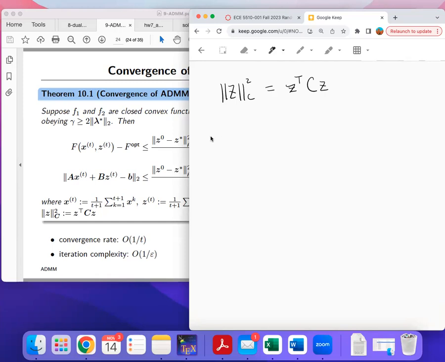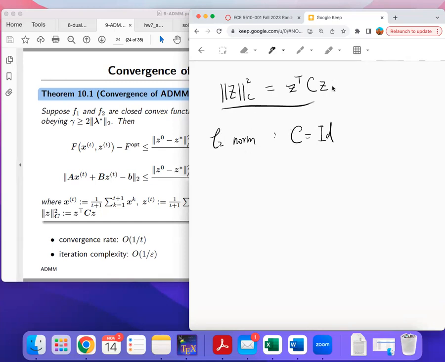So the L2 norm is basically C equals to identity matrix. If C equals the identity matrix, Z transpose C transpose C Z is just L2 norm square. Okay.